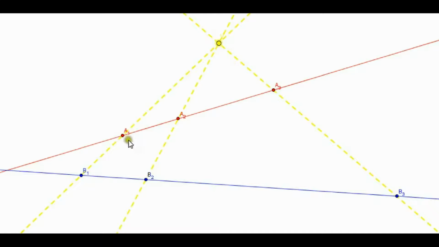So in general, if you have a sequence of points, say A1, A2, A3, and they're in perspective with another sequence of points, B1, B2, B3, with respect to some centre of perspective, what that means is that there is a line through A1 and B1 which passes through this centre of perspectivity, and there is a line through A2 and B2 which passes through the centre of perspectivity, and there is a line through A3 and B3 which passes through the centre of perspectivity, and so on and so forth.